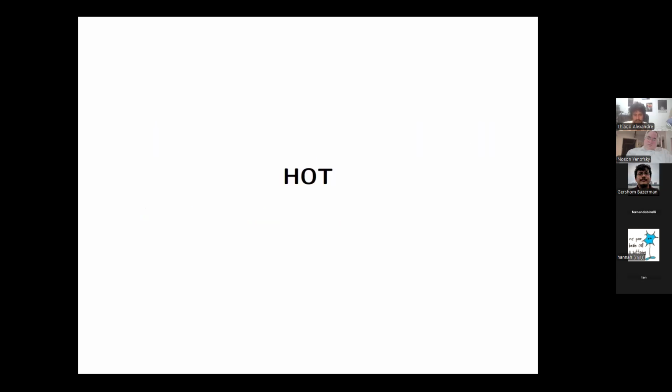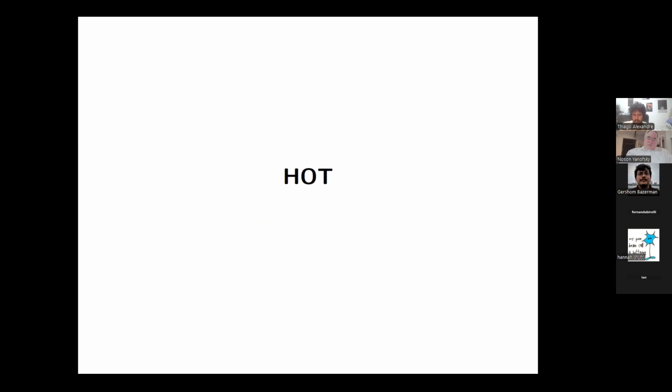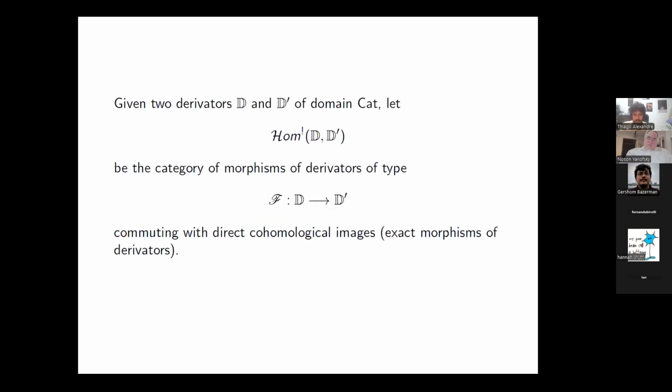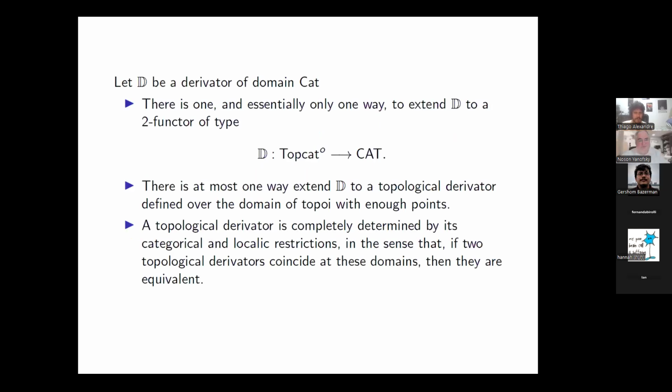There is one more thing about the topological derivator here, but I'm not going to go into this here. I think it's a good moment to conclude. As a conclusion, I just mention the three main results.